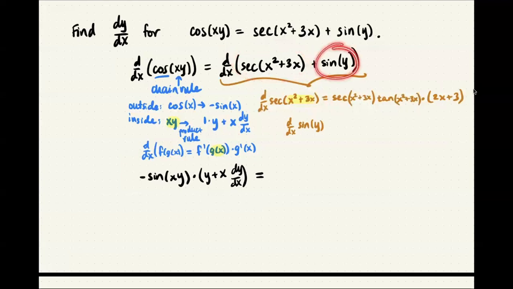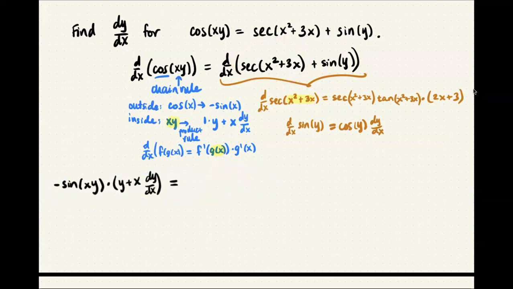Now I need the derivative of sine y. Well, the derivative of sine is cosine, but this expression involves a y, so I need to write down dy/dx next to it. Okay, so let's put this all together. On the right-hand side, I had the derivative of this expression. So let me give myself a little bit more room here.